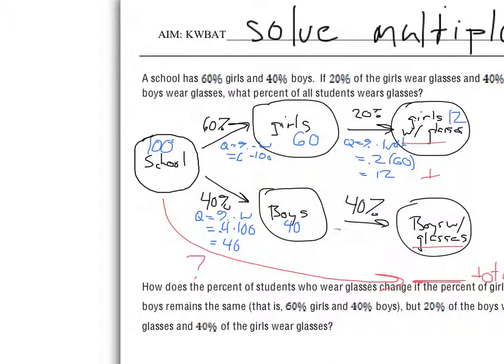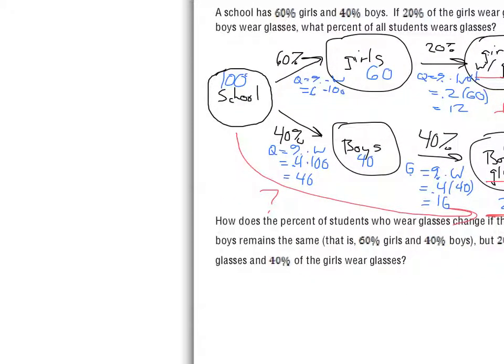Over here with the boys, Q is equal to percent times whole, 0.4 times there are 40 boys. That tells me there are 16 boys who wear glasses. That's a total of 28 students who wear glasses. So our school is our whole, so if we're thinking about setting this one up, Q is equal to percent times whole.